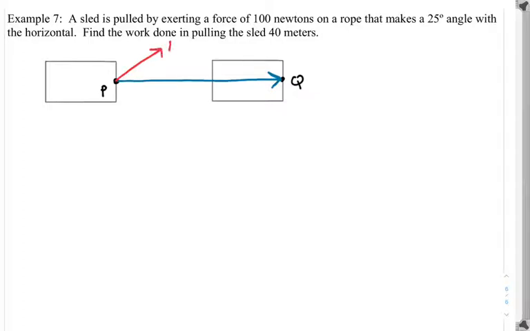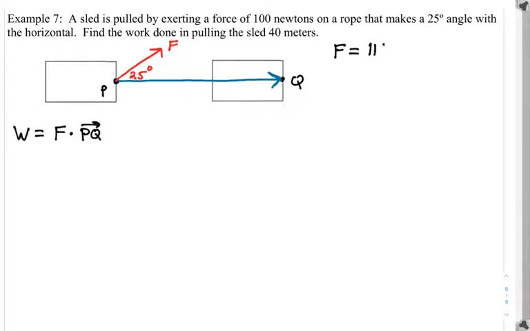Here's our force that we're going to be applying, pulling a rope at an angle of 25 degrees with the horizontal. So the work is going to be F dot PQ. So we just need to find the force vector and PQ, and then do the dot product, and we're good to go.